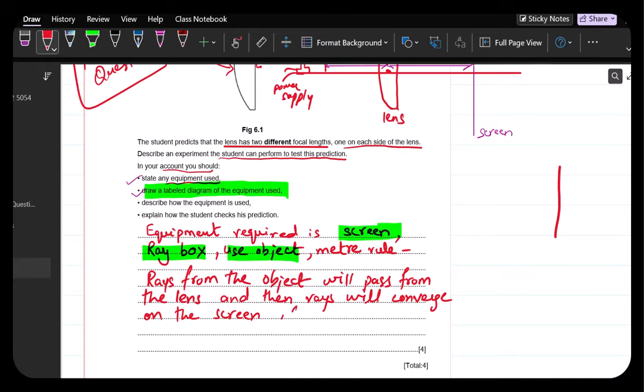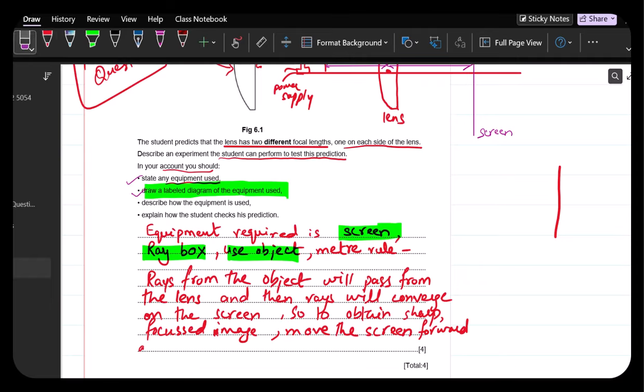To obtain a sharp focused image, move the screen forward and backward until the image is sharp. It is fine because this is not a big question, so it's fine to write here that you move the screen. So we are done with this.